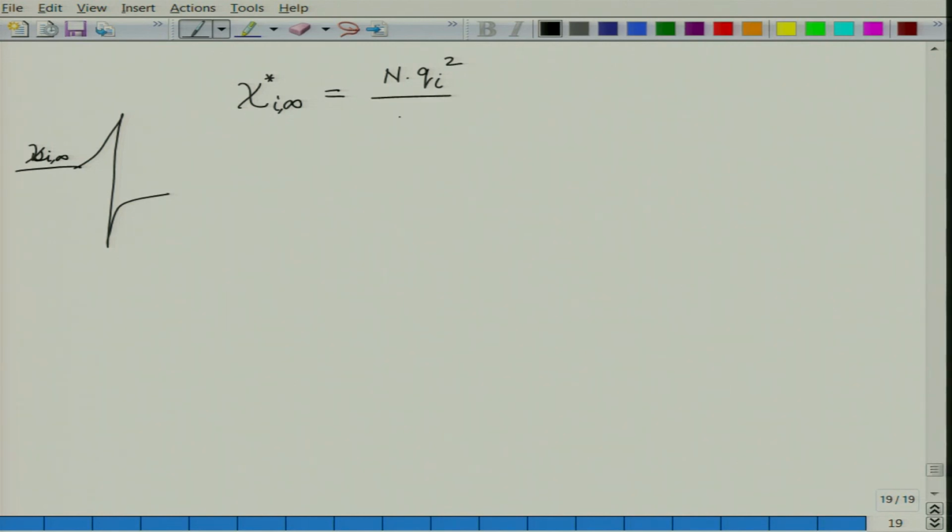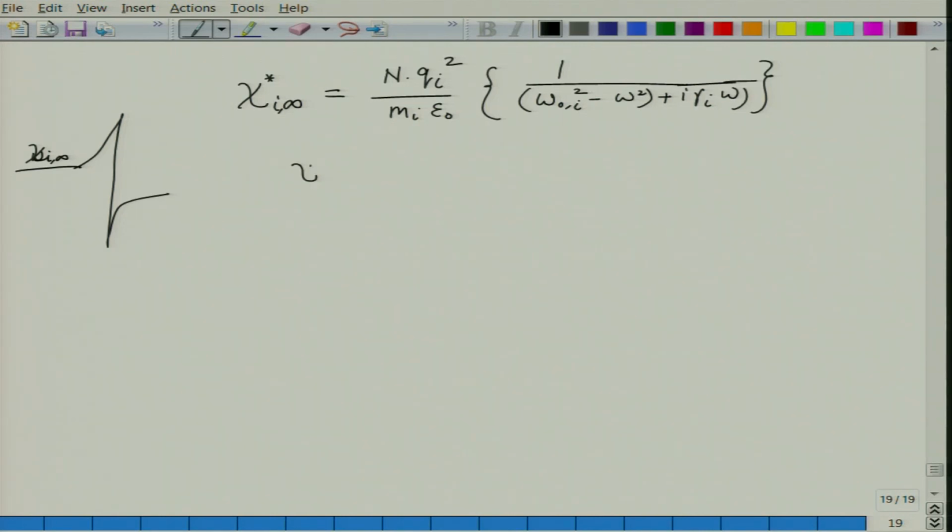Okay. So that is a nomenclature thing, but basically chi I infinity can be written as n into Qi square divided by mi into epsilon naught into 1 divided by omega naught I square minus omega square plus I gamma I omega. This is simple, right? It is nothing but P divided by epsilon naught E. The E will cancel, and from this we can determine epsilon r.